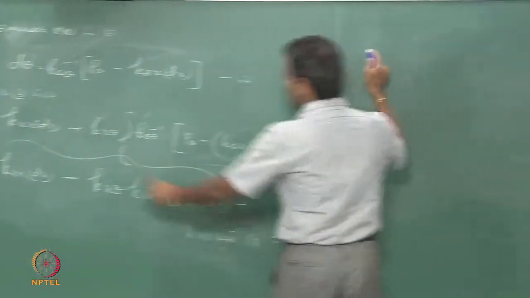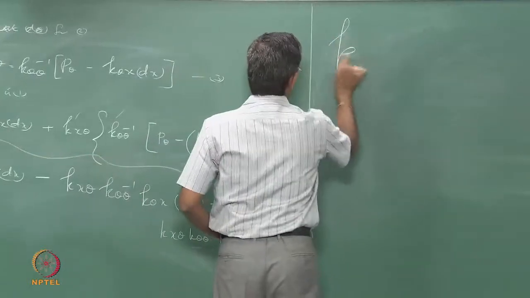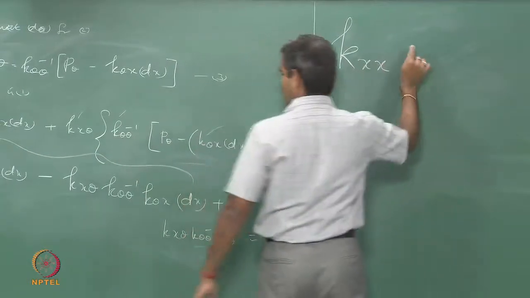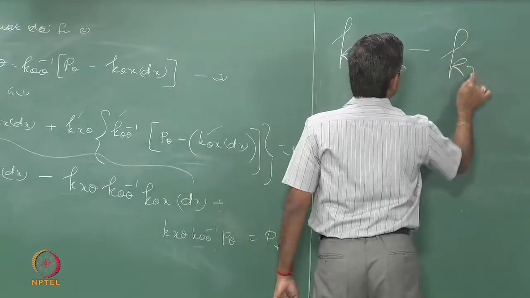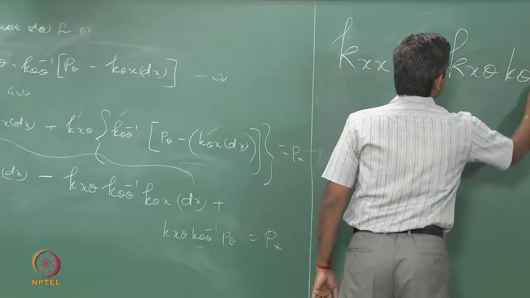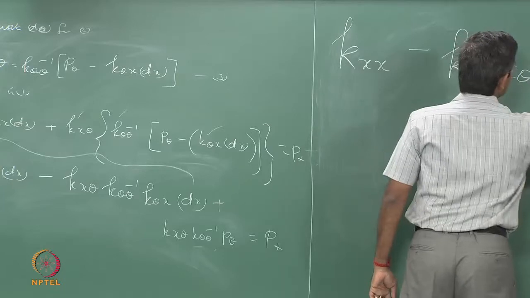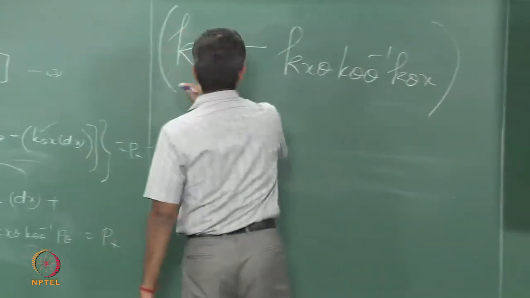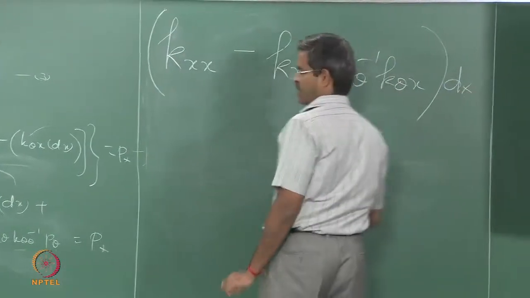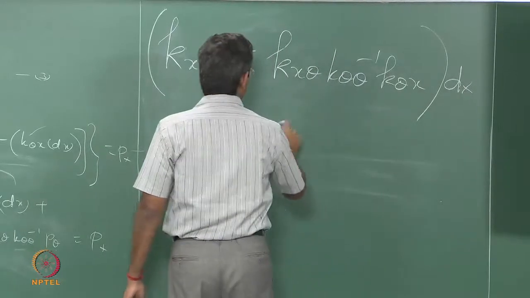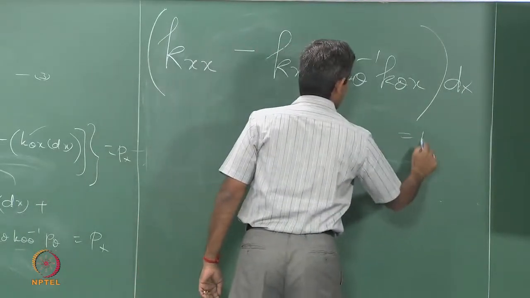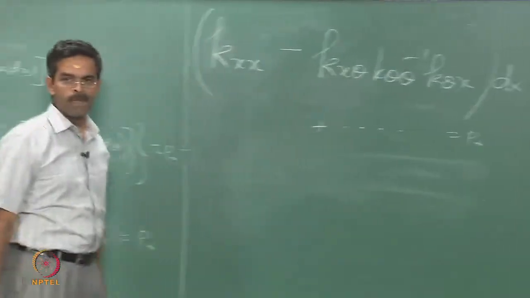So, let us write the first term: Kxx minus Kx theta K theta theta inverse K theta x, times dx, is equal to Px.